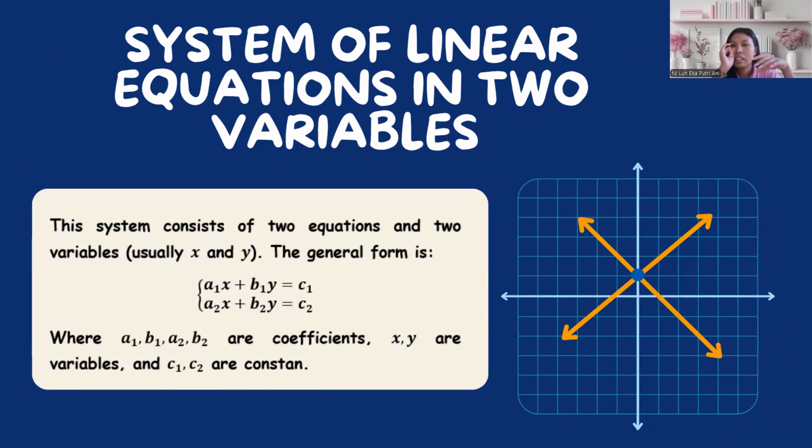The general form is a sub 1 x plus b sub 1 y equals c sub 1, and a sub 2 x plus b sub 2 y equals c sub 2, where a1, b1, a2, b2 are coefficients, x and y are variables, and c1 and c2 are constants. This is the graph of a system of linear equations in two variables.